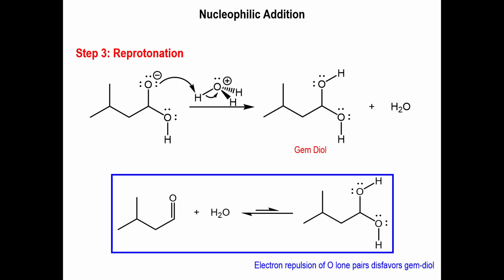So speaking of that, one last thing to mention is that due to the fact that you have two groups with plenty of lone pairs on the same carbon, those lone pairs do repel each other a little bit from group to group. So the gem diol is not as favored as the aldehyde, but you still form a fair amount of it in solution anyway.